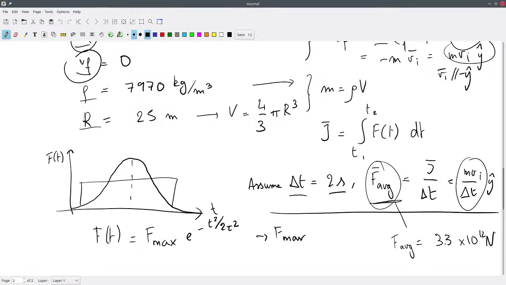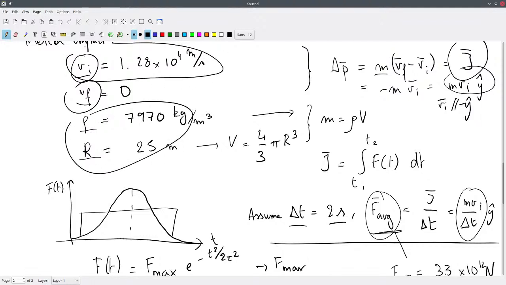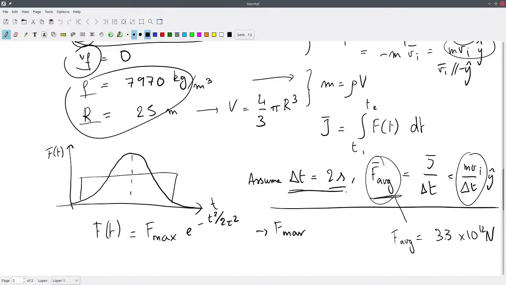So of course it's a very large force, and that's because of both the large mass and then the large velocity, which has to be brought to rest in a short time interval.